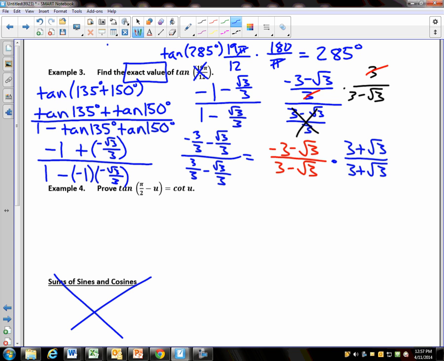So here we go. Let's do the top first. Negative 3 times 3. Negative 9. Then I get negative 3 times the root of 3 and negative root of 3 times 3. Then I'll have a combined total of negative 6 roots of 3.